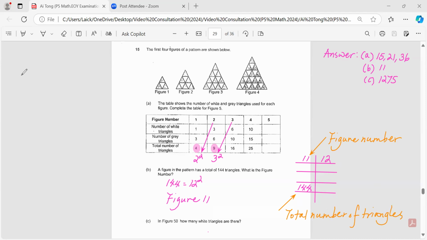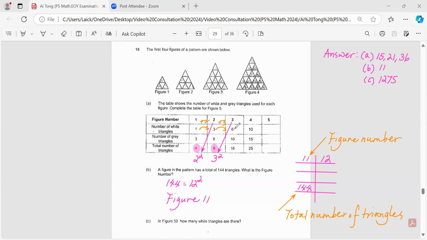So going back to part 1 or part A, now we see that there is an increase of 2 each time along the row, plus 2, but the next one is an increase of 3.